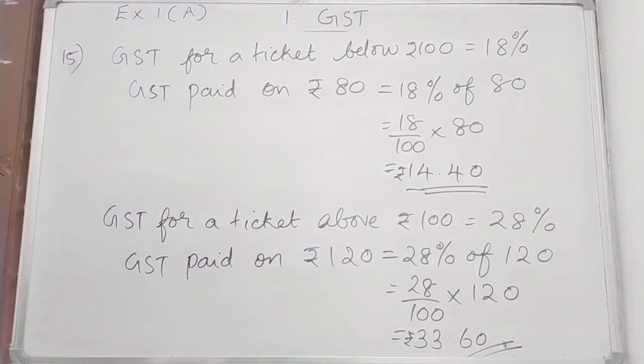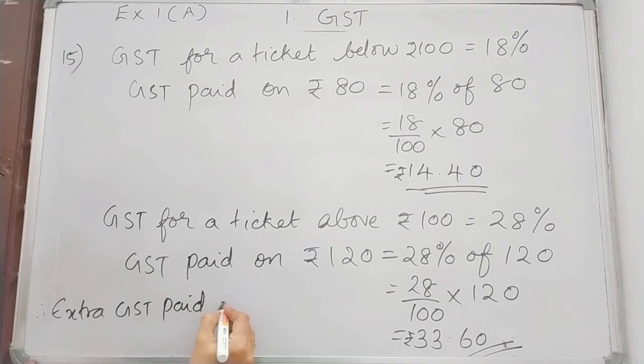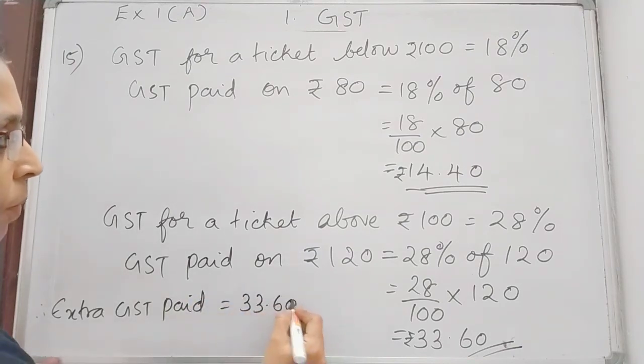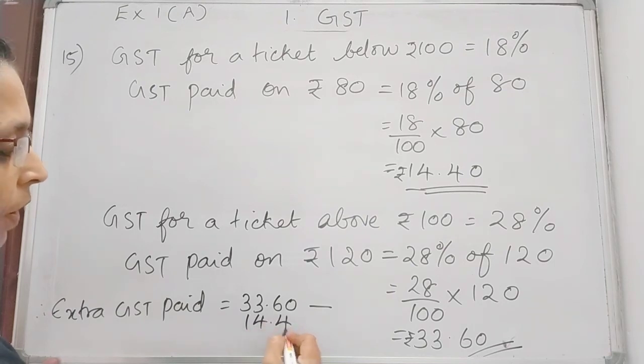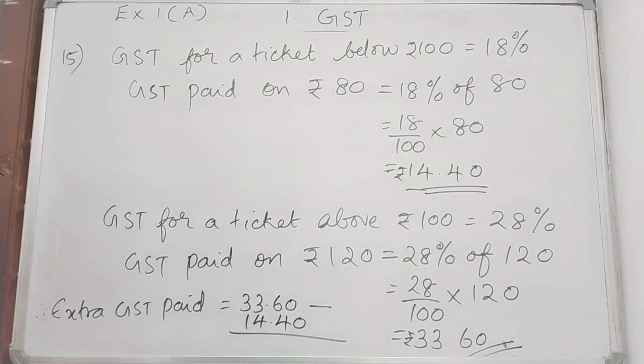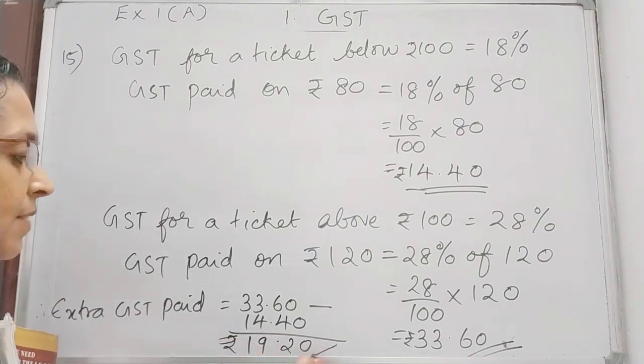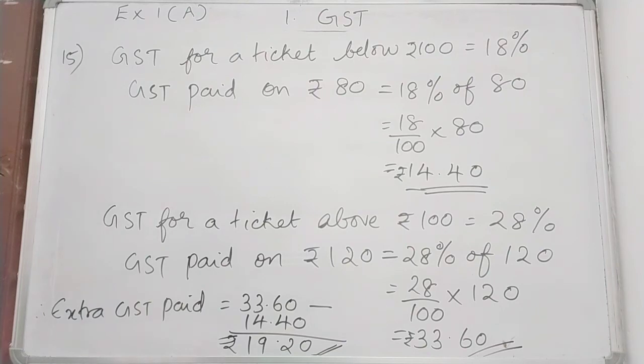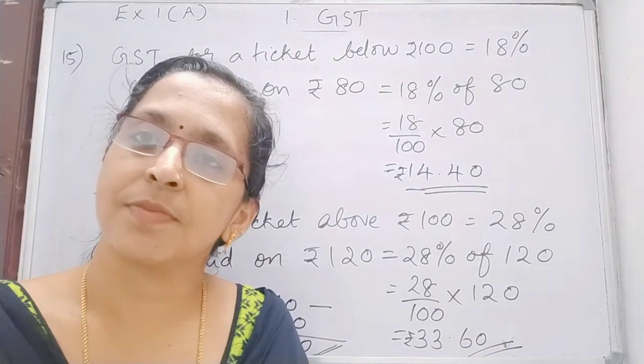So extra GST paid by him is equal to 33.60 minus 14.40. This is 19.20 rupees. So extra GST paid by him is 19.20. Okay. Thank you all of you.